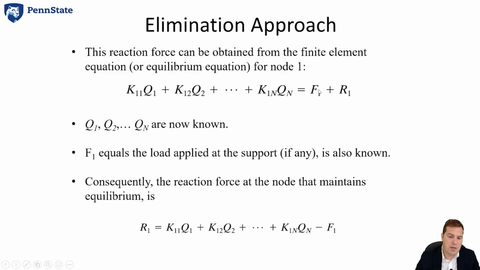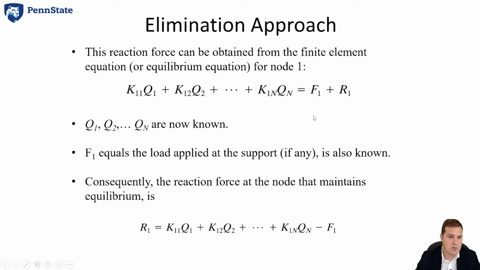This F could be an applied force. So typically, if you're having an applied boundary condition, that's 0. What happens here is the Q2 through Qn were just solved for using the solution process. We know Q1 is given from our known conditions, so they're all known, and F1 equals the applied load, if there is any.